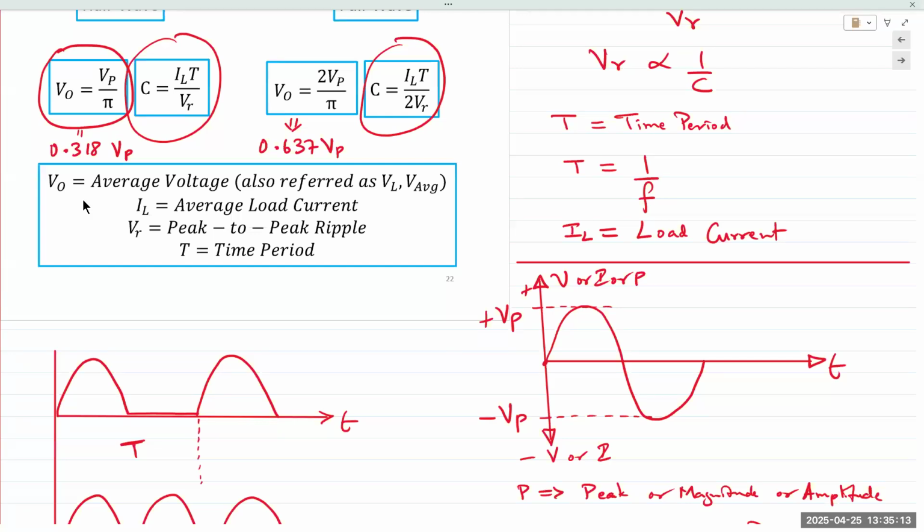Where's the waveform, V of t? The time period would be different. Because for a full wave rectifier, the frequency is doubled. So if you apply a 60 hertz signal to a half wave rectifier, you obtain a 60 hertz output. If you apply 60 hertz to a full wave rectifier, the output is now 120 hertz.